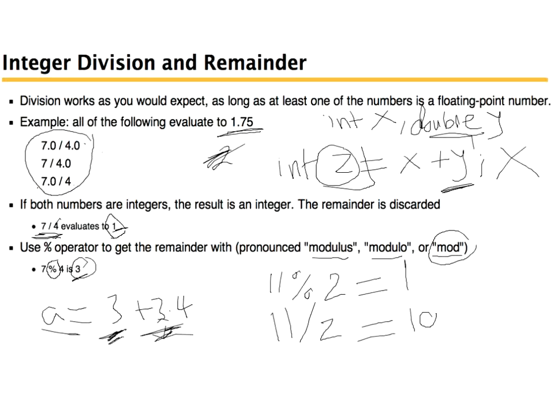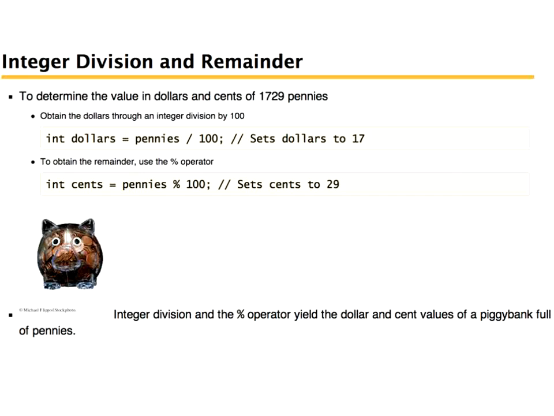Okay, I think I have an example for this one. If I have a variable called pennies, and I give it the value 1729, and I want you to work out how many dollars and how many cents this is. Now we know there are 100 cents in $1.